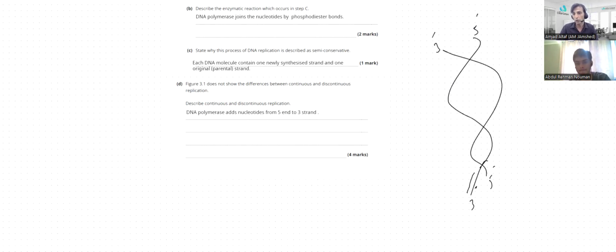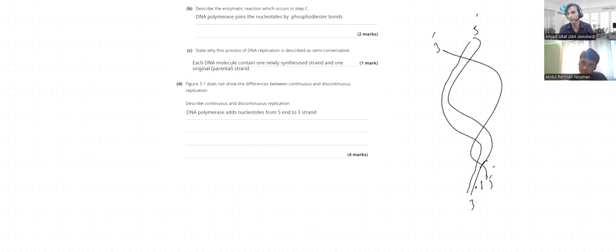However, because unwinding is going on from one side, not from both sides, the unwinding is from this side. So the unwound structure here is 5 now, the other strand is 5 now. So it's not possible for DNA polymerase to add nucleotides from just the 5.